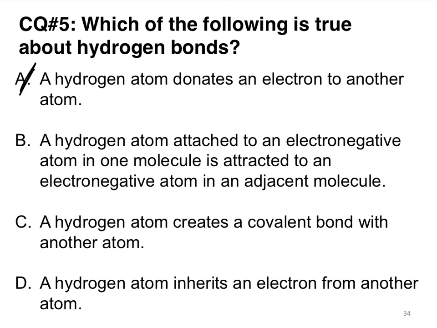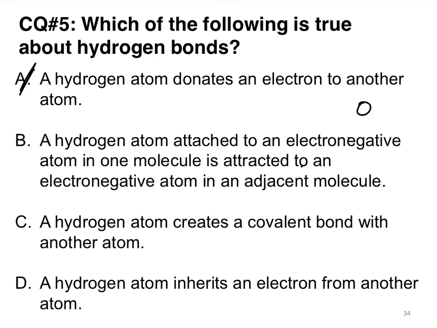All right, a hydrogen atom attached to a highly electronegative atom in a molecule is attracted to an electronegative atom in the adjacent molecule. So hydrogen attracted to an oxygen, for instance, is attracted to the oxygen in the other molecule. So the partial positive of the hydrogen is attracted to the partial negative of the oxygen across from it.